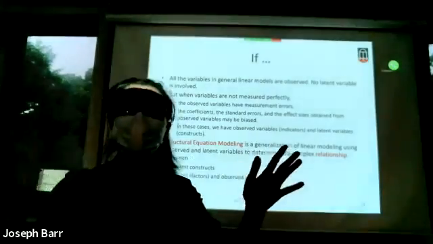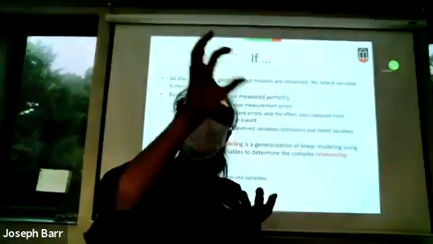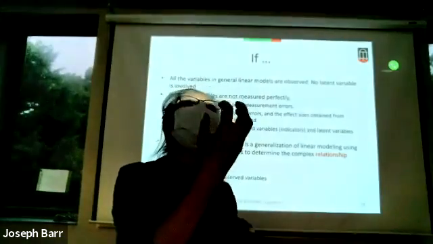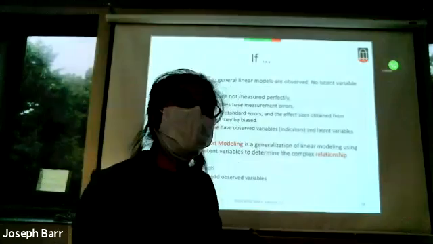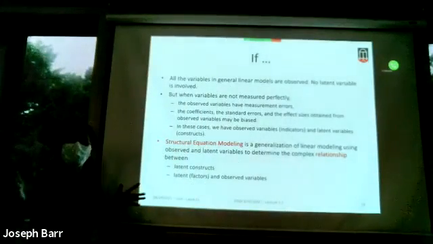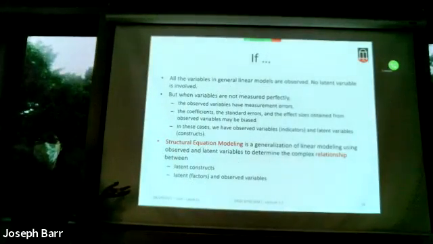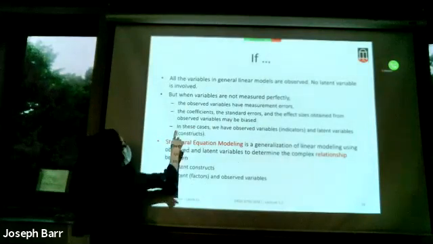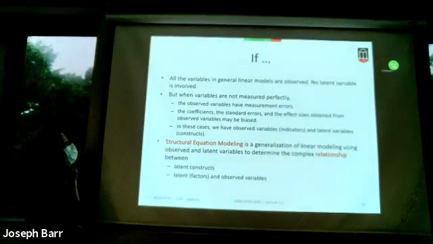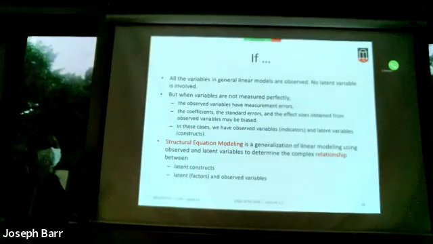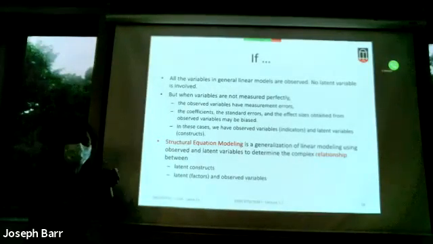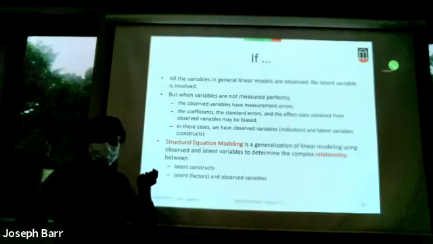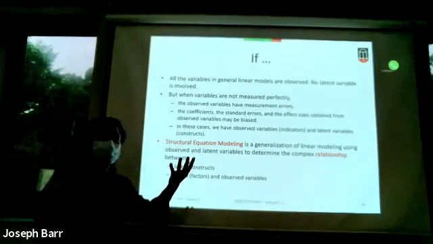There's no random error. We get the observed variable just like the true value. But in reality, we cannot measure a variable without any error. We cannot measure it perfectly. So we have to consider some errors when doing the measurement. So we have the true score, we have some measurement errors, combine them together, and we have the observed score.